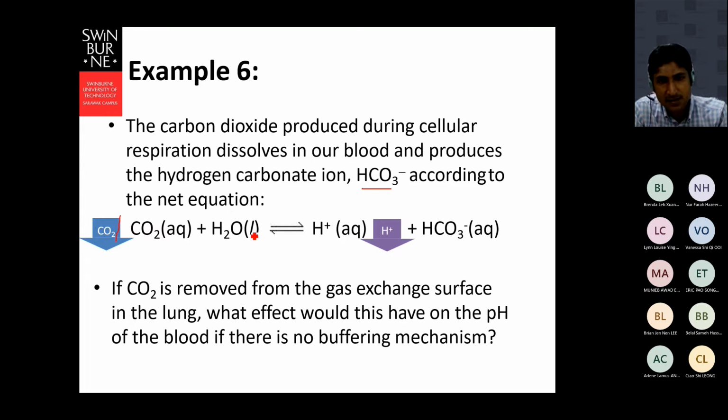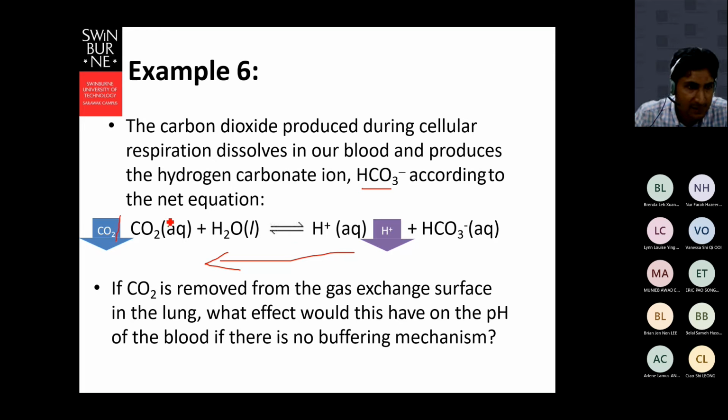That means left. The reaction rushes backward because there is a void here. Carbon dioxide reduces, so it has to produce more. So the bicarbonate ion that our body has will rush towards left, and that is why the hydrogen ion will also reduce because going left, and the pH of our body will increase.